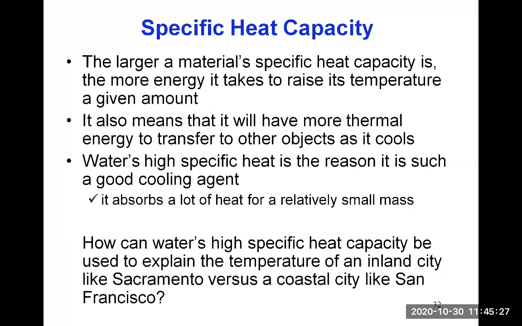And so the reason is that water's high specific capacity means that it will require much more time and energy to cool down or warm up. So the lakes and seas are much slower to respond to cooling and heating than the surrounding land masses.